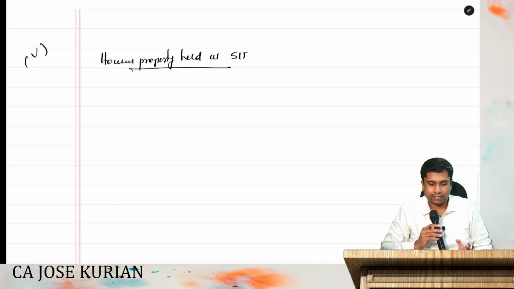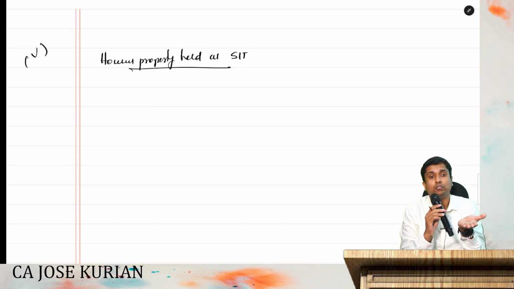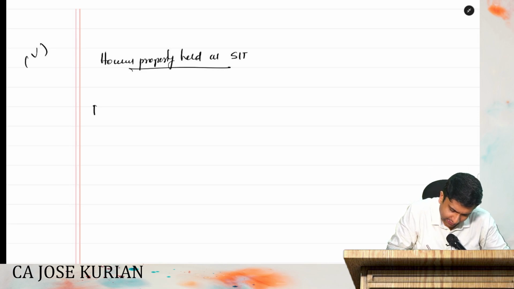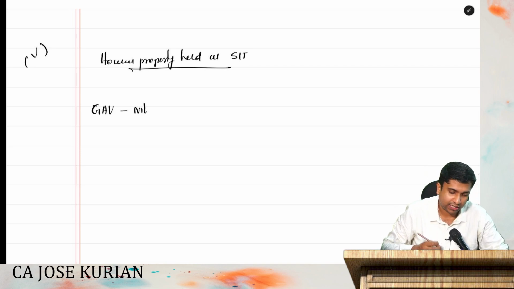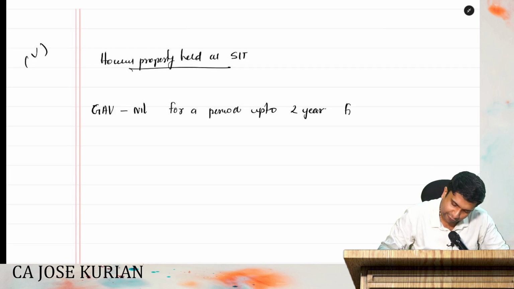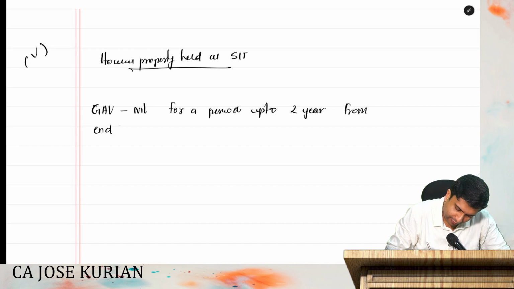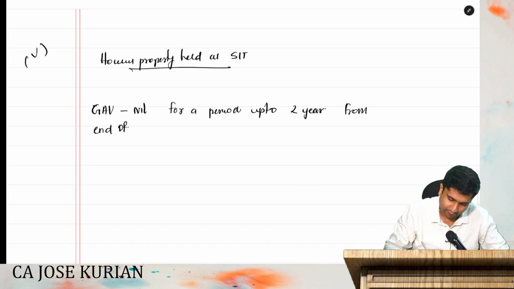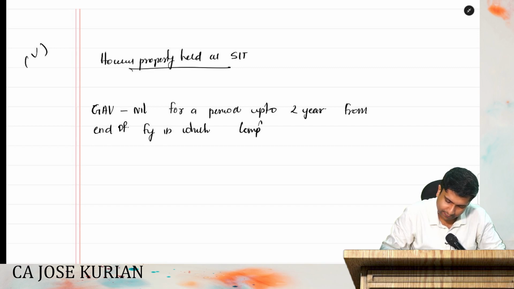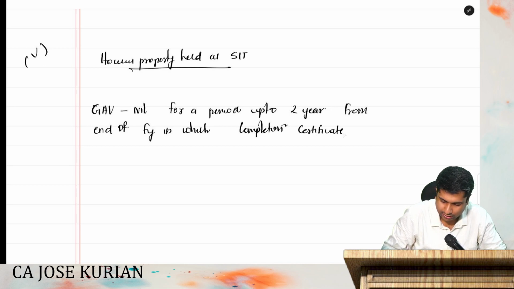So if the real estate dealer has a house property and is keeping that house property as stock in trade, then the department says its net annual value, or we can say GAV, its gross annual value shall be nil for a period up to 2 years from the end of the financial year in which the completion certificate is obtained.